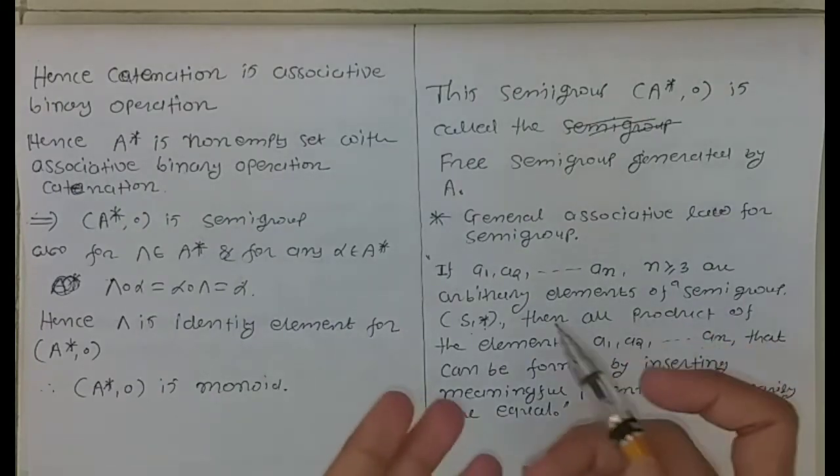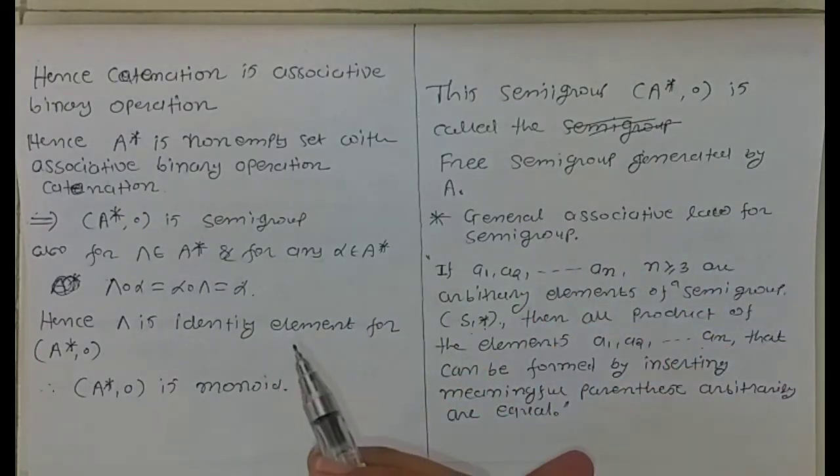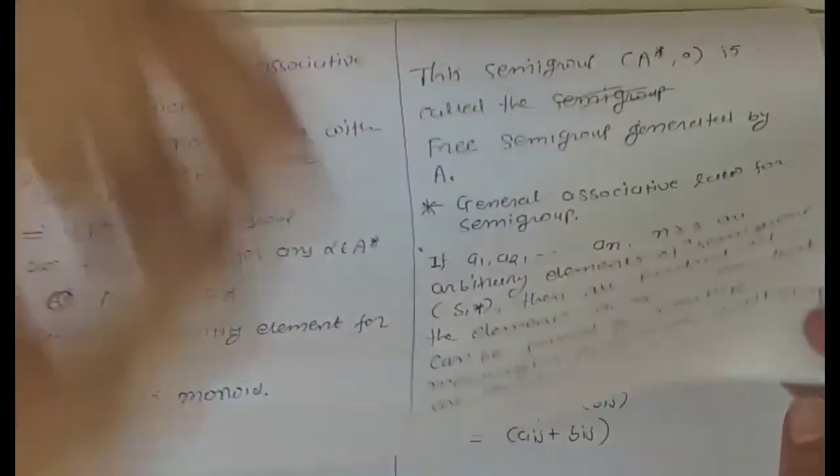And the general associative law for the semigroup is not that hard. So this is enough for this lecture. In the next lecture we will discuss more examples about the semigroup.